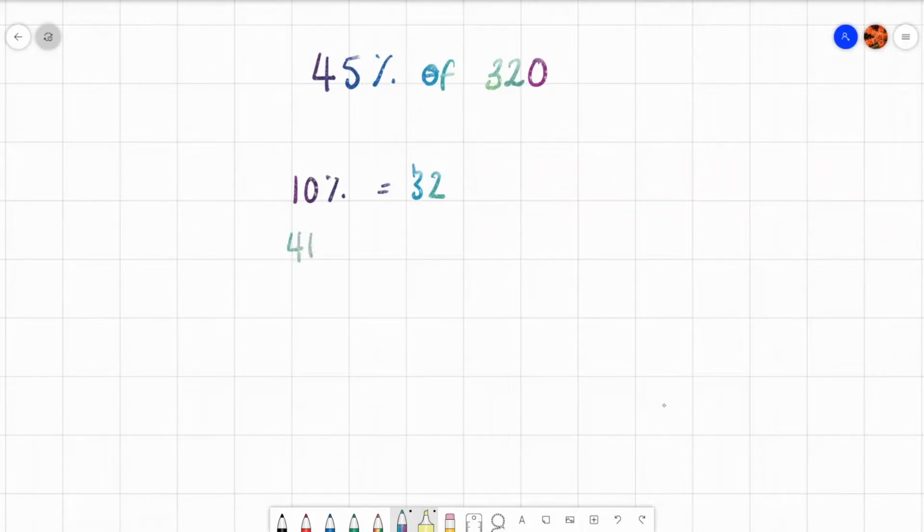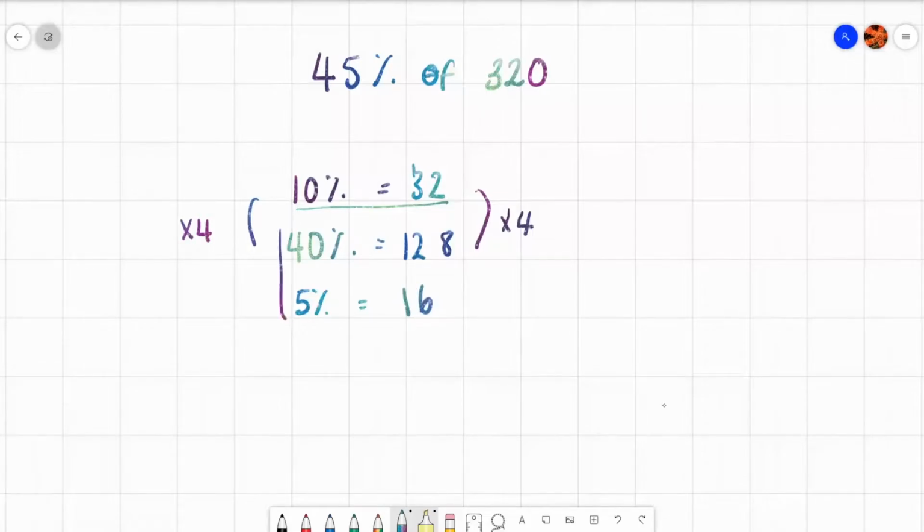I'm going to work out 40% because I'm going to times by 4. Okay, that's going to be 128. Then I'm going to find 5% because I'm going to half my 10%. Well, a half of 32 is 16. Now I can work out 45% because I can add these two together.